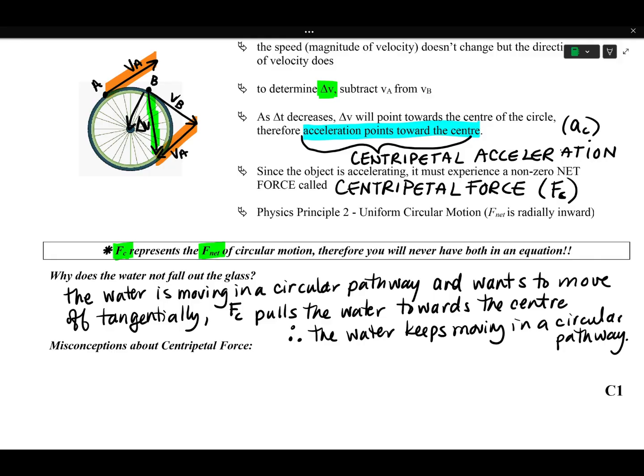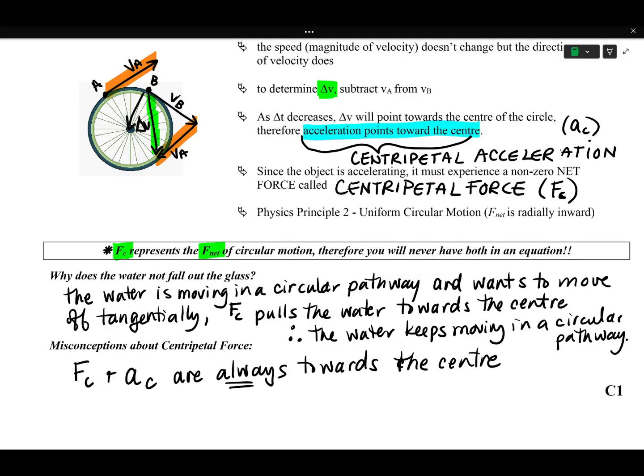So centripetal force and centripetal acceleration are always towards the center. They never point out of the center or away from the center. Okay? Fc is like a net force, so it can be any center-seeking force.